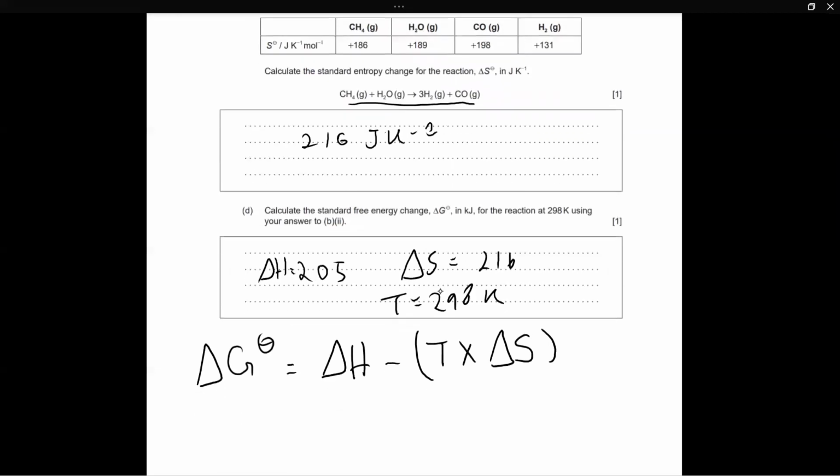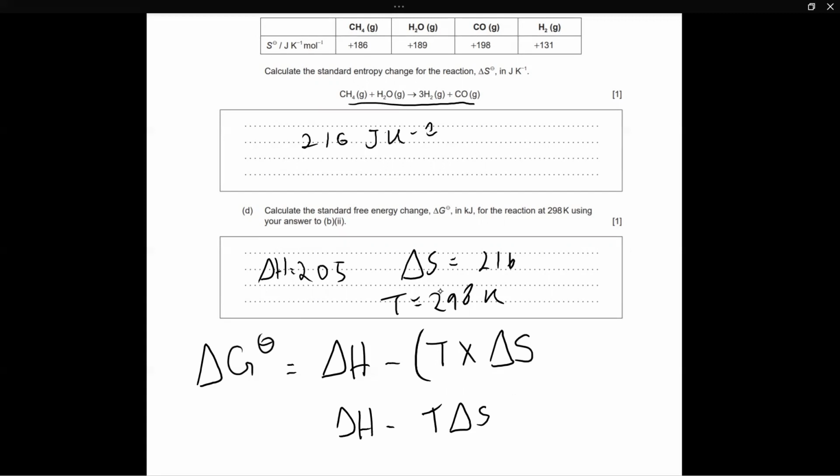And sometimes you'll see this formula being written like this. It's the exact same thing. I've just opened and expanded it here above because it's temperature times delta S, which is change in entropy.